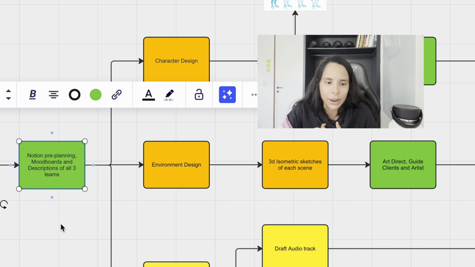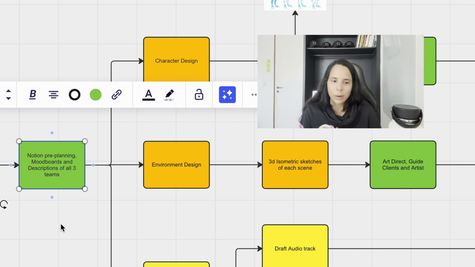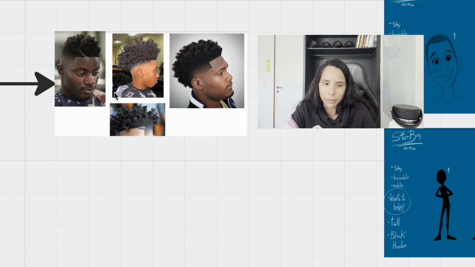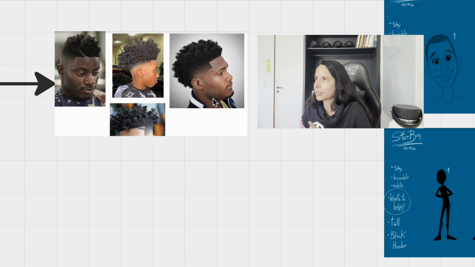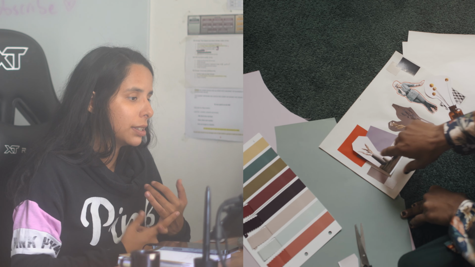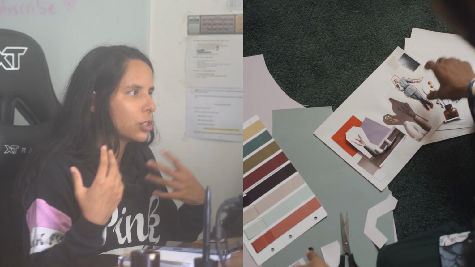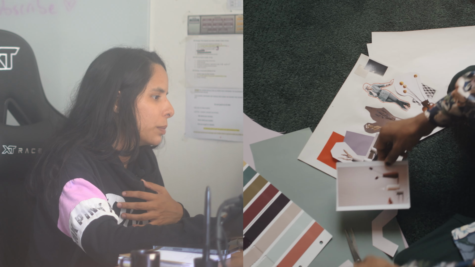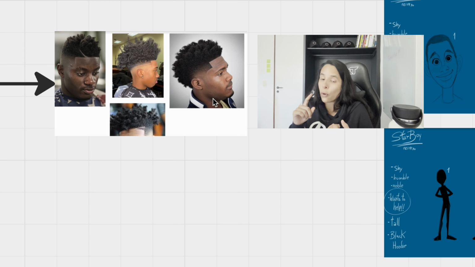So here I need to pre-organize everything. For example, here I have a mood board of just hair. How do you want your character to be, characteristics, clothes. You can just give me a lot of references, basically. That's what a mood board is, and that's done for the characters and for the environments.